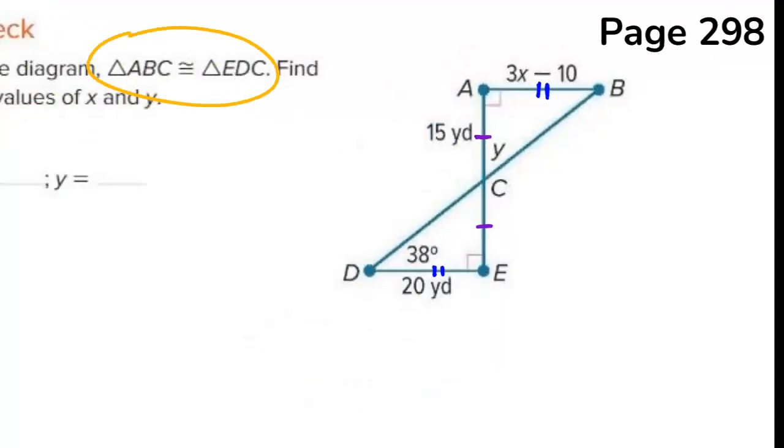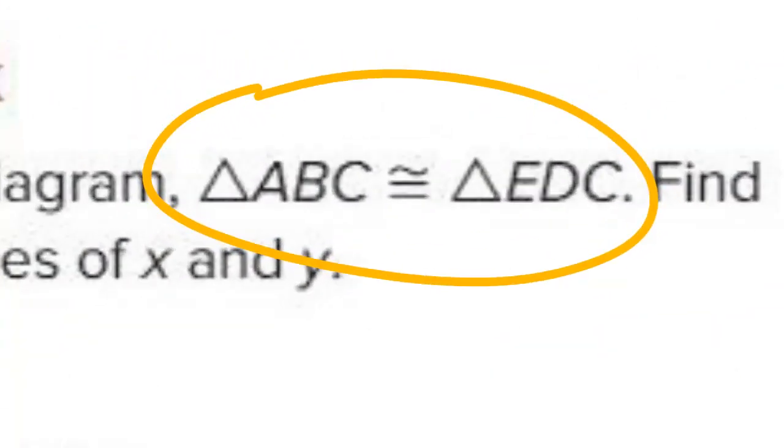Let's look at the triangle congruent statement and see how we would know that. A is the first letter here, and C is the last letter. So when I'm finding the side that it's congruent to in the other triangle, I need the first letter and I need the last letter. So that's how I know it's AC and EC.